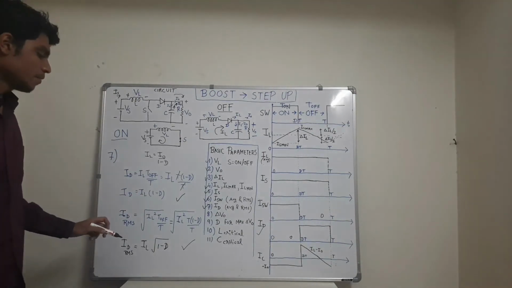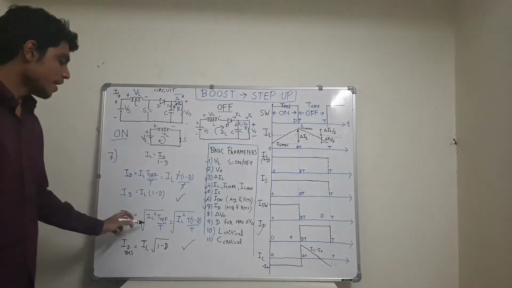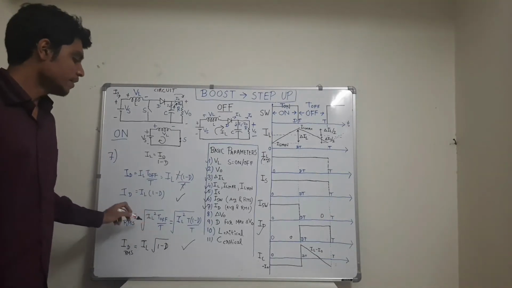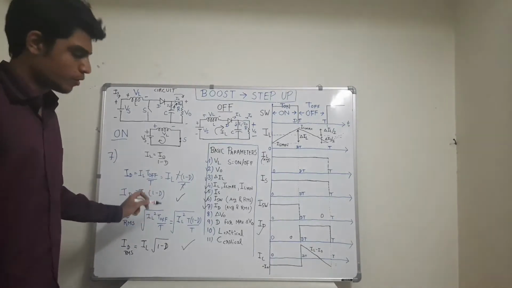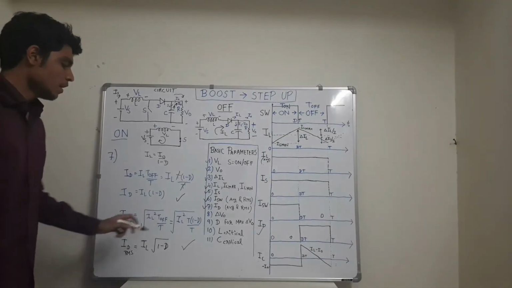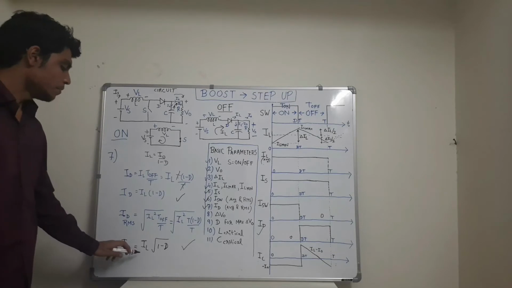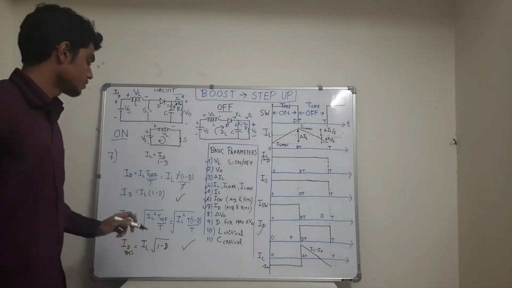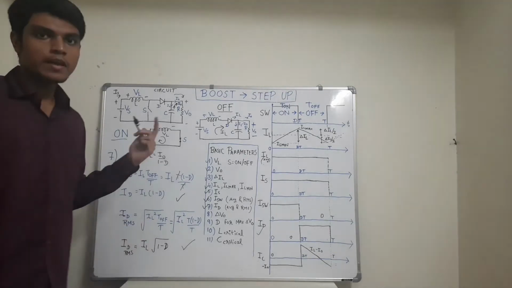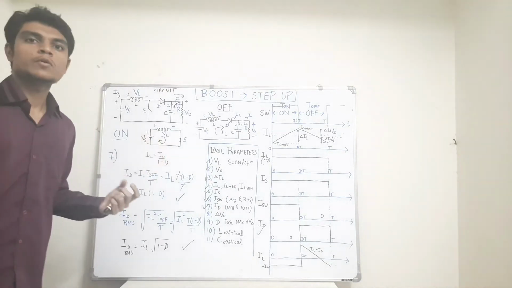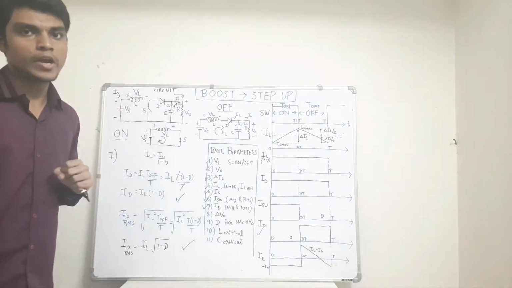Second thing is RMS diode current, that will be root of I_L squared T off upon T. The final value of diode RMS current will be I_L into root of (1 minus D). These values are the same as the buck converter that we have derived in the previous video.